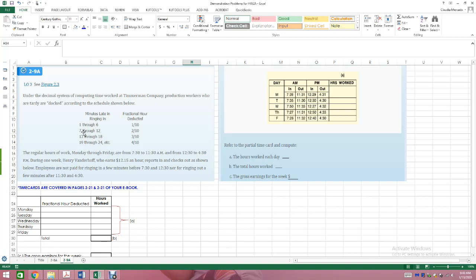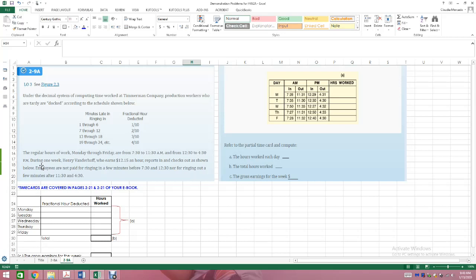If they're late between 7 to 12 minutes, they get docked 2/10 of an hour. If they're late between 13 to 18 minutes, 3/10 of an hour. And if they're late 19 minutes through 24, they get docked 4/10 of an hour. So that means that an hour is made up of 10 units, and this is how much they're going to be docked.